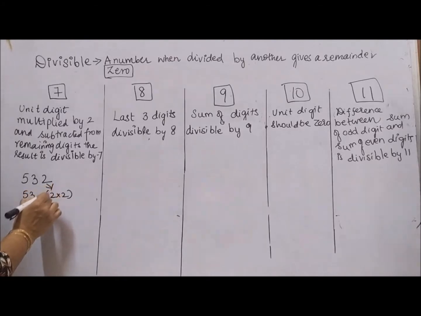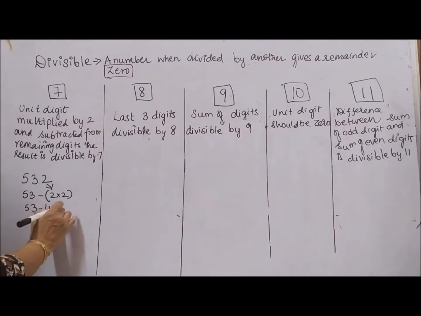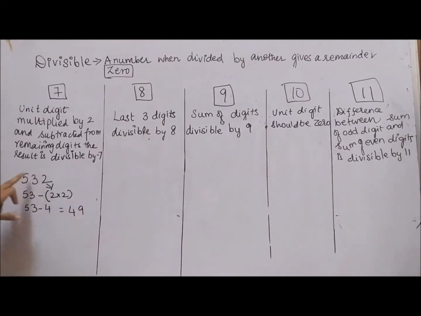So this I am multiplying by 2 and subtracting from the rest of the digits. So 53 minus 4 will be 49. 49 is divisible by 7. So 532 also will be divisible by 7.